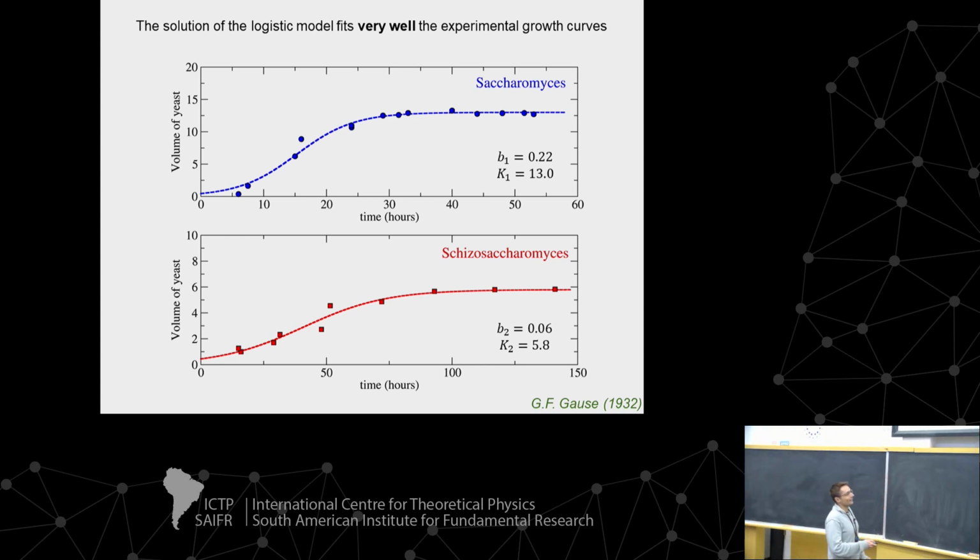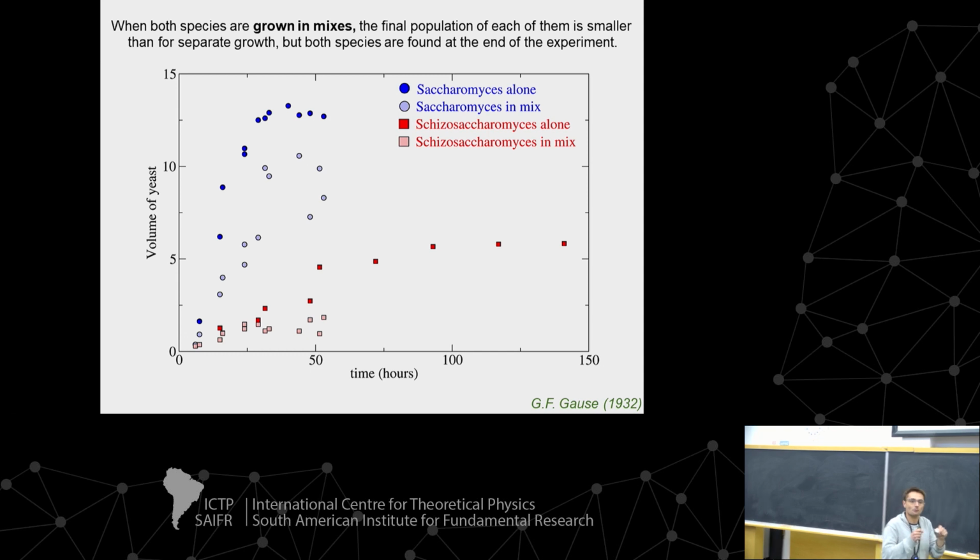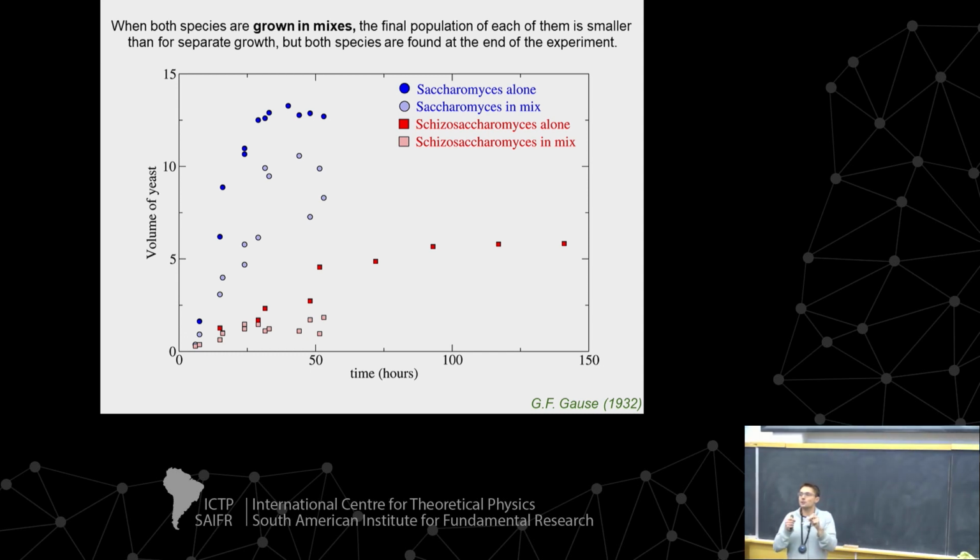Well, actually, what Gauss found in his experiment was that they both were coexisting. The darker points, both in blue and red, are just the data I was showing before, so it's reproducing that. And the lighter ones are what he got when he repeated the experiment with a mixed population and then measured the number of cells belonging to each of the species.